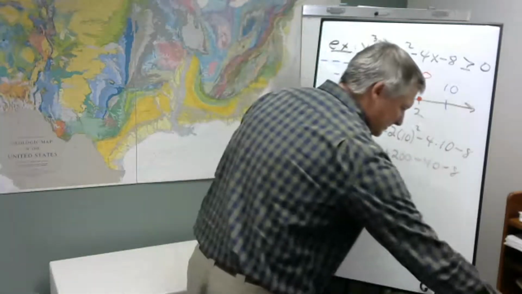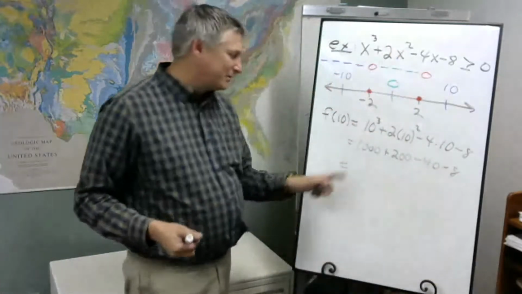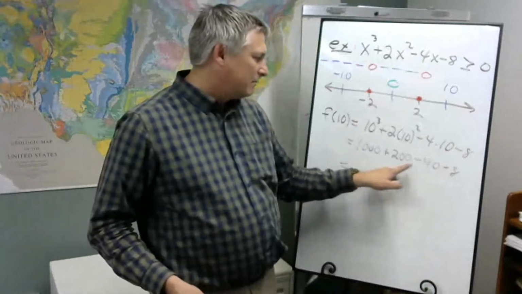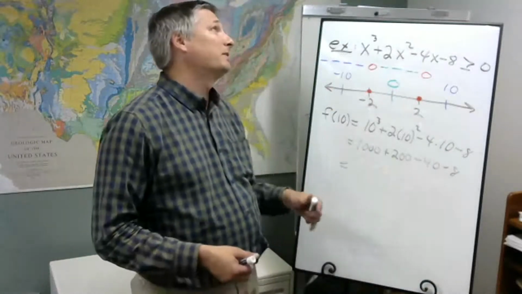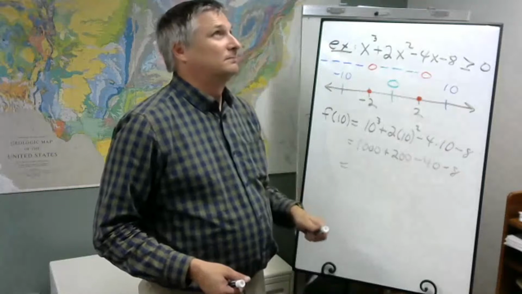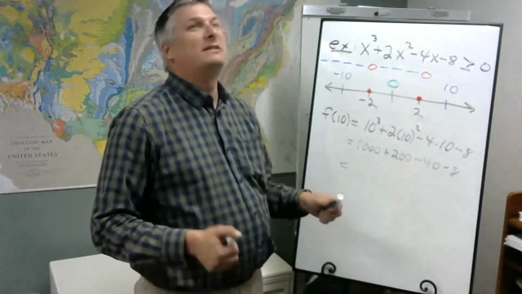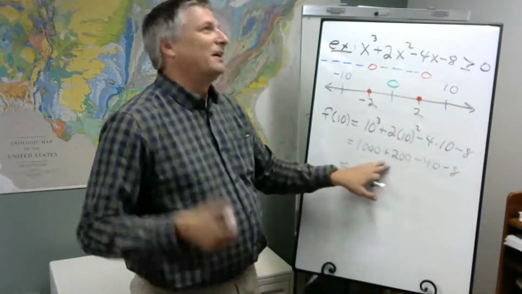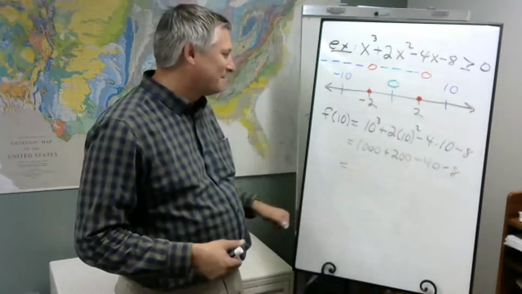So 1,000 plus 200, that's 1,200 minus 40. 1160.